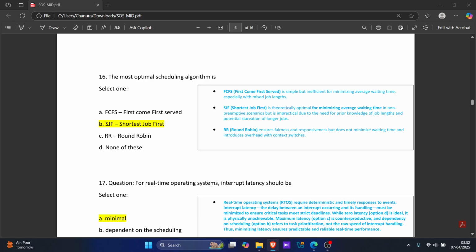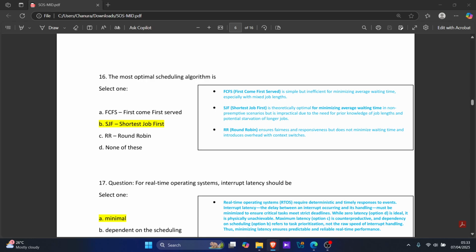Alternatively, maybe the answer is SJF because it is the optimal in terms of average waiting time. But then again, the question might be a bit ambiguous. Let me check the definitions again. In operating system textbooks, SJF is indeed considered optimal for minimizing average waiting time in non-preemptive scheduling. However, in reality, it's not used because burst times aren't known.